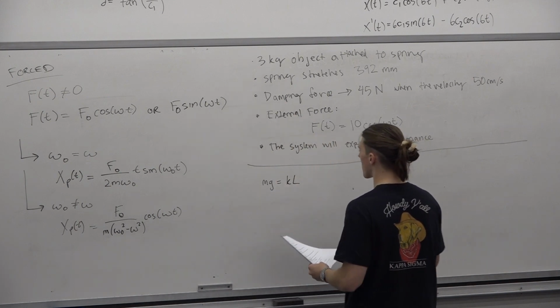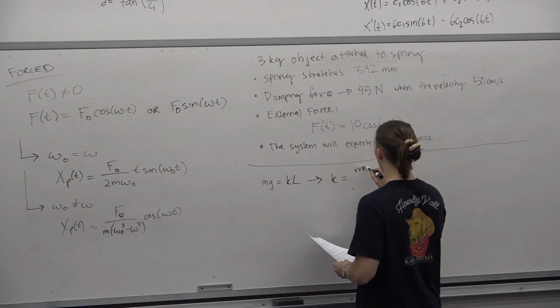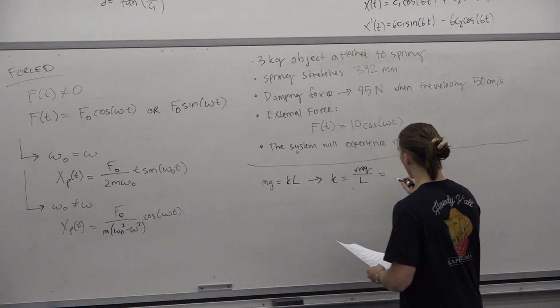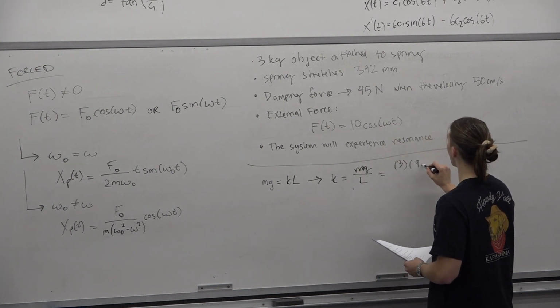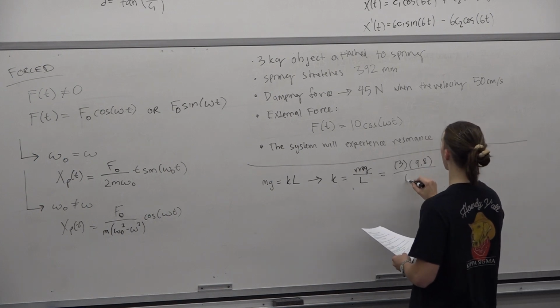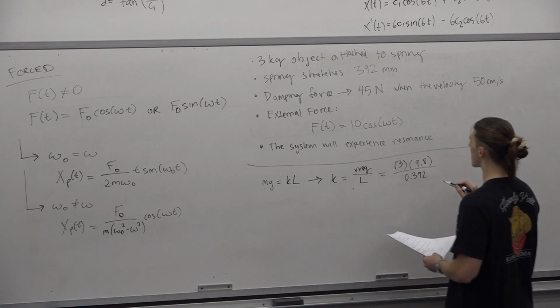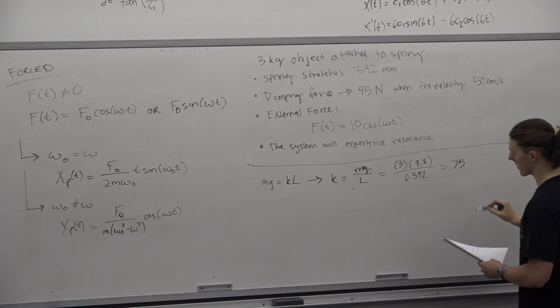So we have this equation right here, which means k equals mg over L. It's 3 kilograms. Gravity is 9.8. L is 392 millimeters. This comes out to an even 75, which is nice.